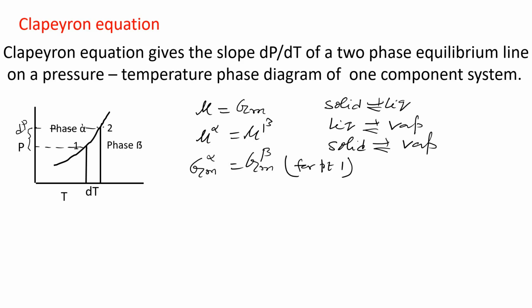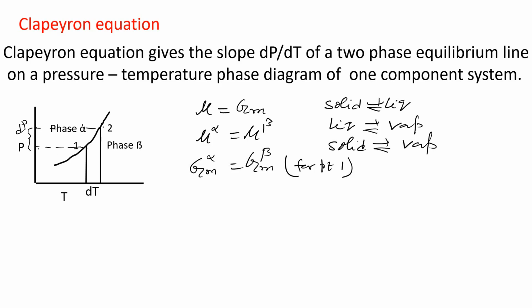And once again, after reaching this point 2, there will be readjustment, pressure also will change, and at the same time the molar Gibbs free energy also will change, and it reaches point 2 where once again it is in equilibrium.